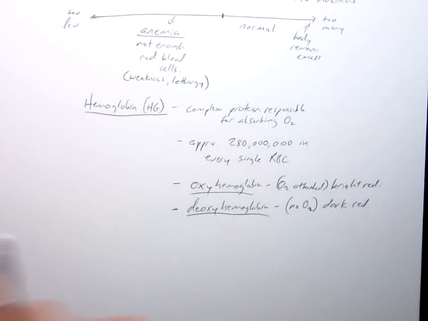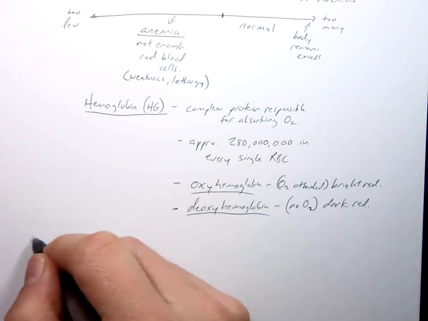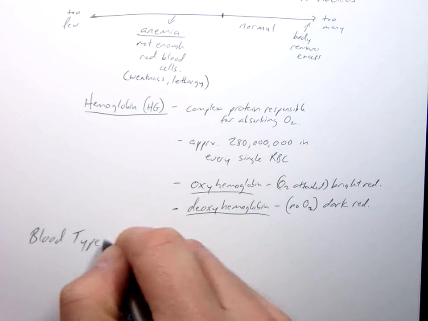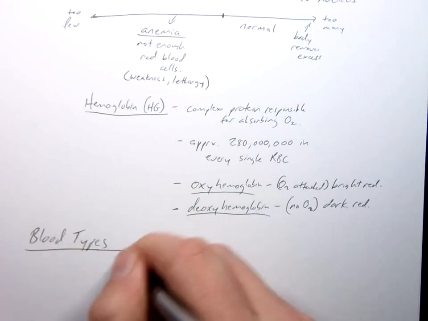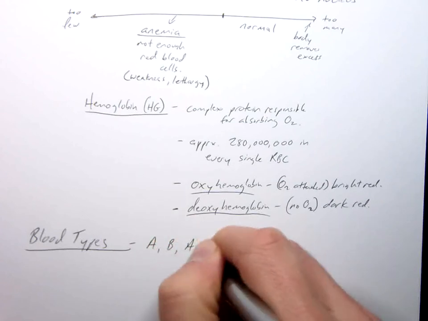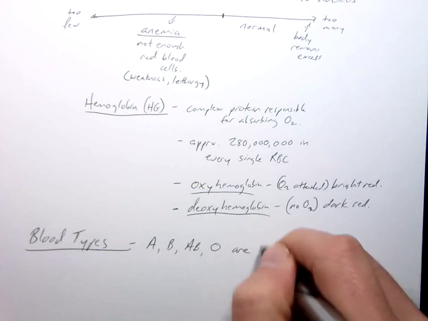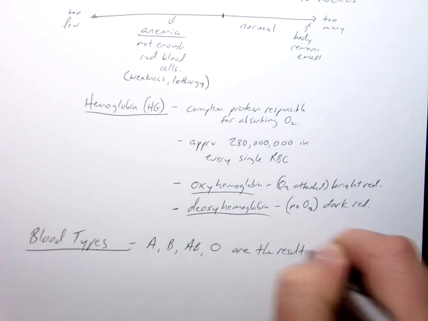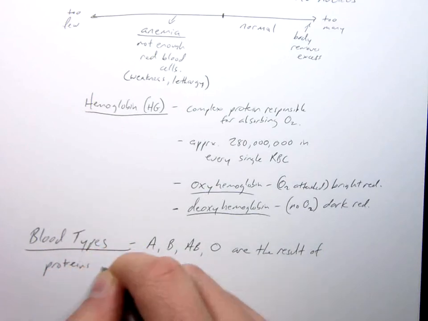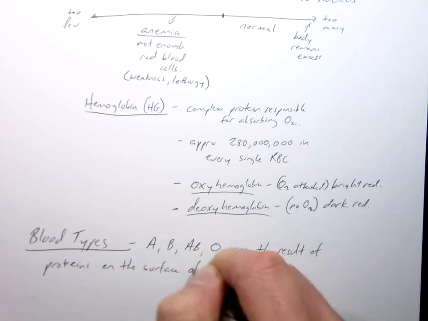Now, I mentioned that blood types are the result of this, and I do want to talk about blood types in our next lecture, so I'm not going to spend too much time on it today except to say blood types, and what they are basically, A, B, and O, are the result of proteins on the surface of red blood cells.